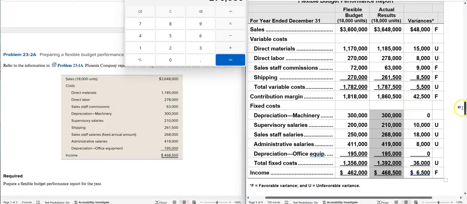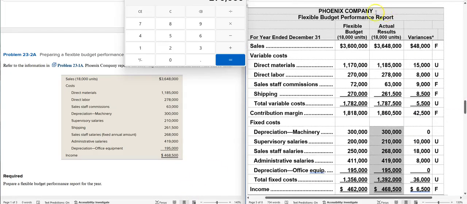Now to evaluate performance, I know I am comparing a budget that is based off of the same level of sales as my actual results. Now I can go line by line to evaluate the variances.